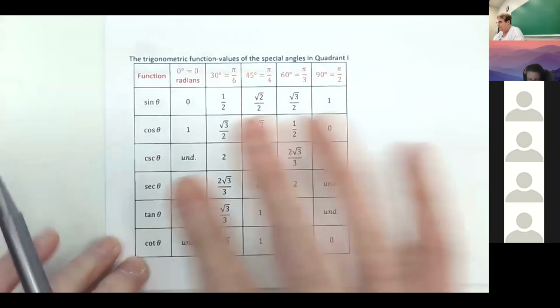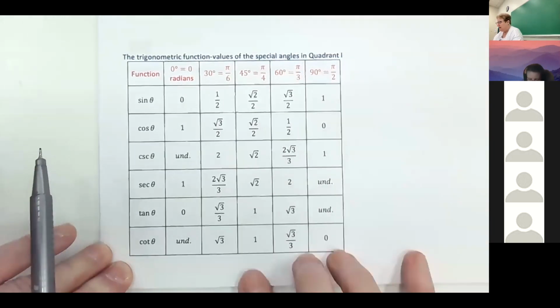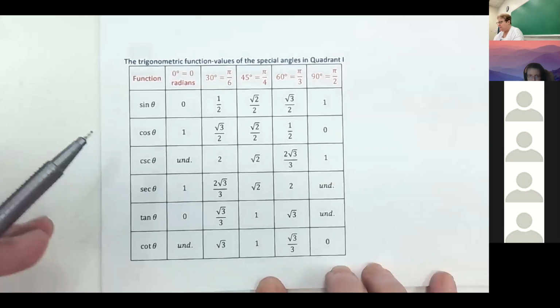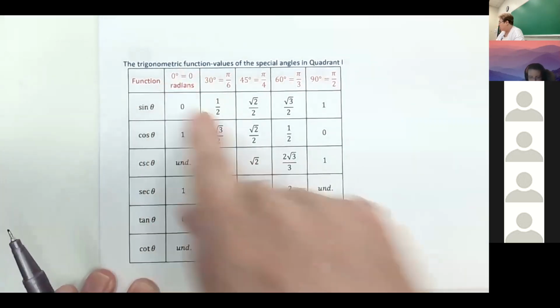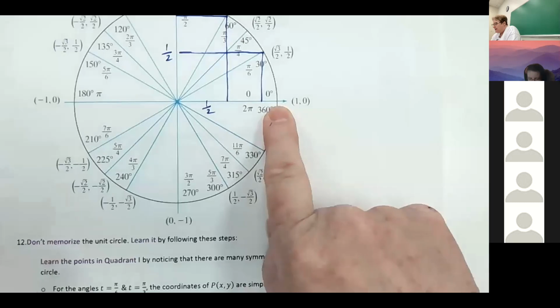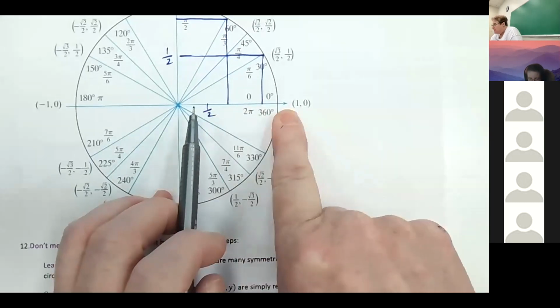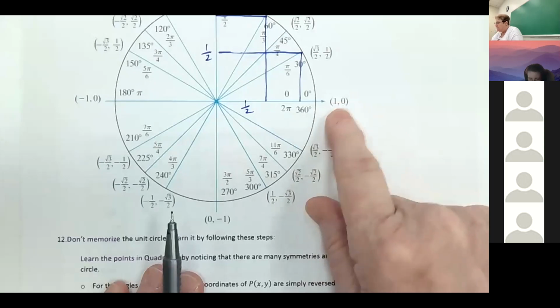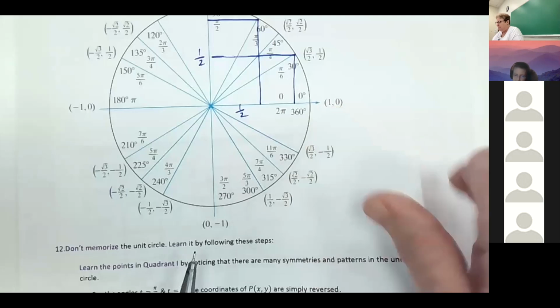So this table, I want you to put somewhere in your notes. You don't have to memorize it, but it sure is handy. Remember, 0 degrees or 0 radians is along the positive x-axis, and the point is 1, 0. That means the sine will be 0 and the cosine will be 1.